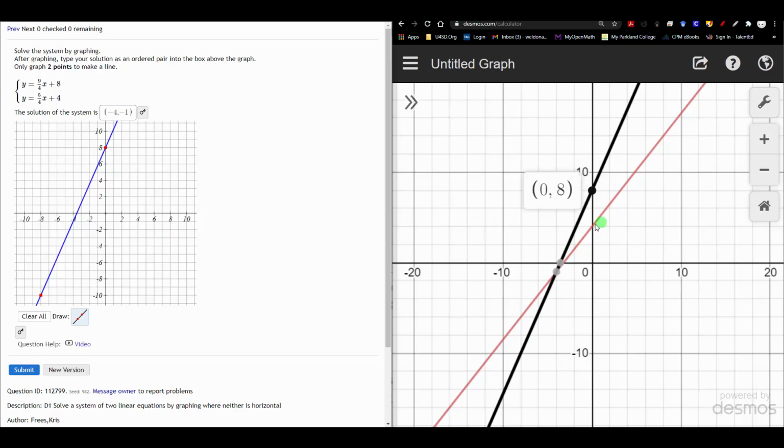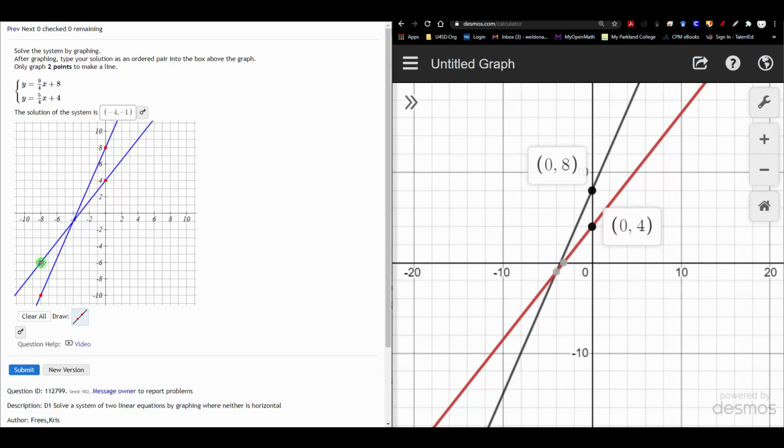Now I'm going to go get the red line, right, which is the other function. So I'm going to click here. I like to get the y-intercept. So we got a y-intercept at 0, 4. So I'm going to go click on 0, 4. And then I'm going to try and get a second point somewhere. Let's say this looks like a nice point. So -8, -6. All right, so I'm going to go -8 and then down 6. 1, 2, 3, 4, 5, 6.